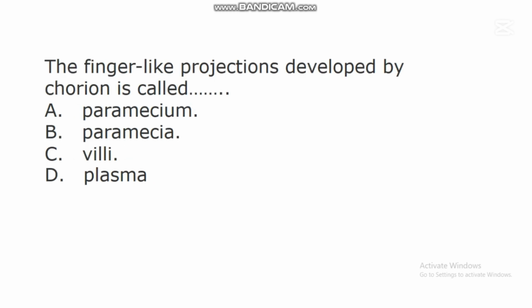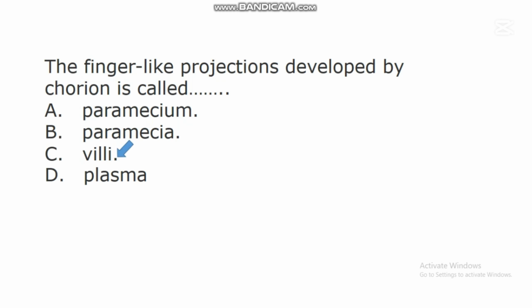The next question says, the finger-like projections developed by chorion is called dash. A. Paramecium. B. Paramecia. C. Villi. D. Plasma. In this question, the correct answer is C. Villi.